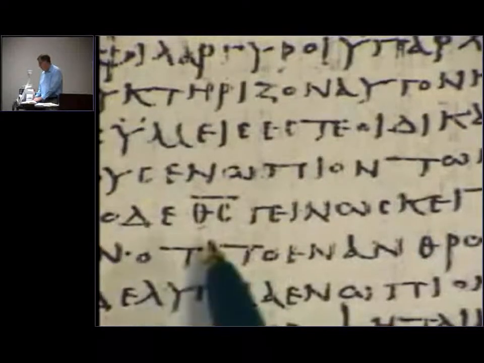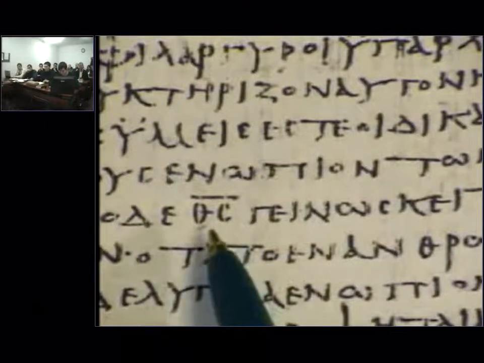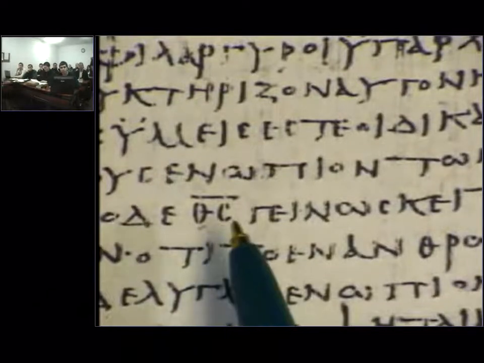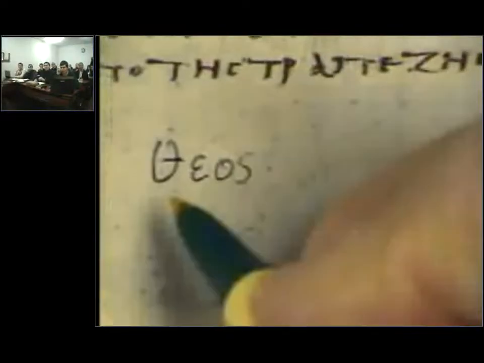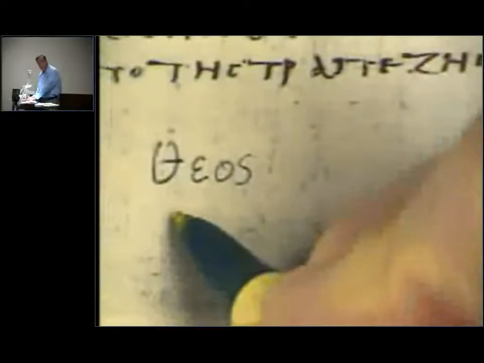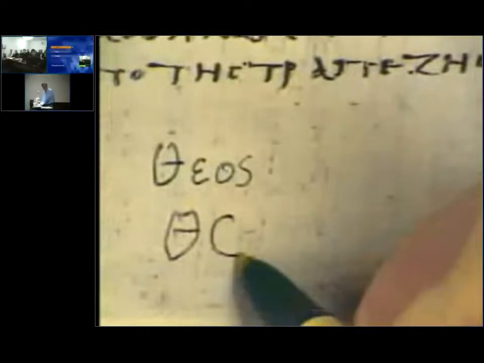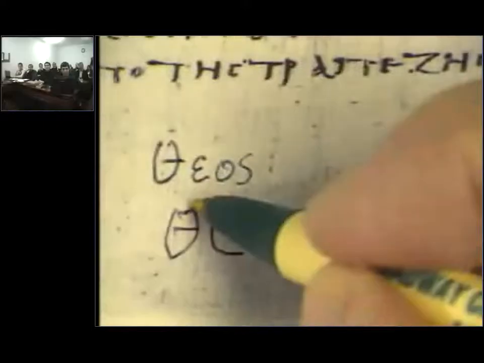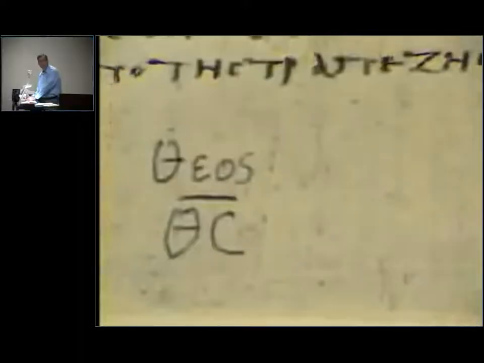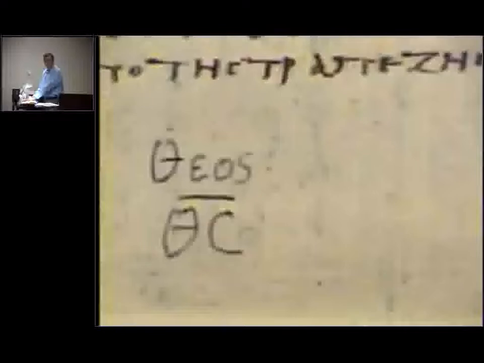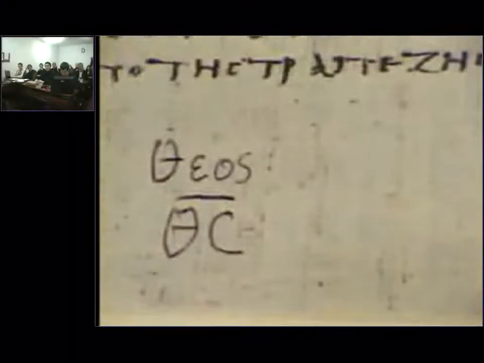And this is how they wrote the word theos, like this. See, they would just write the theta and the capital sigma, and they would put a line over it. And that was the same as this in our Bible.